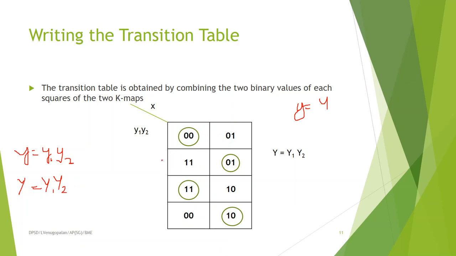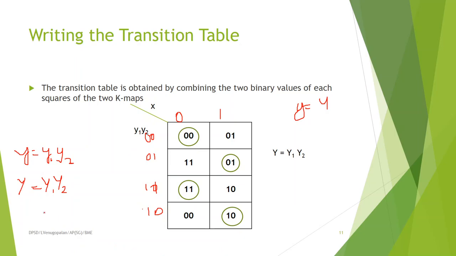The elements in each cell are the capital Y, and the elements here are 0, 0, 0, 1, 1, 1 and 1, 0, and then 0 and 1. So the idea is that the system would be stable when this cell equals this value of y1 and y2.